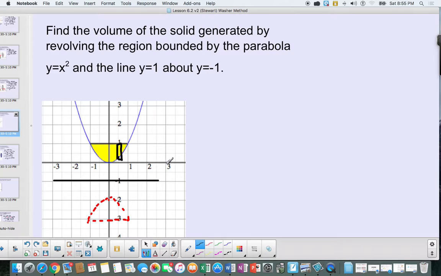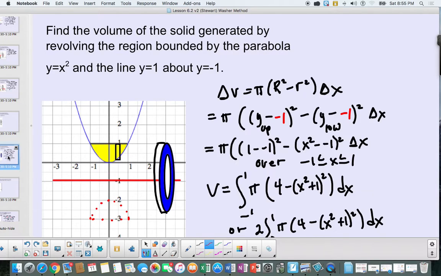And then draw a representative piece of that washer. And this will be my little r, and this will be my big R. So stop the screencast and see if you can go ahead and finish, and the solution is on the next slide.